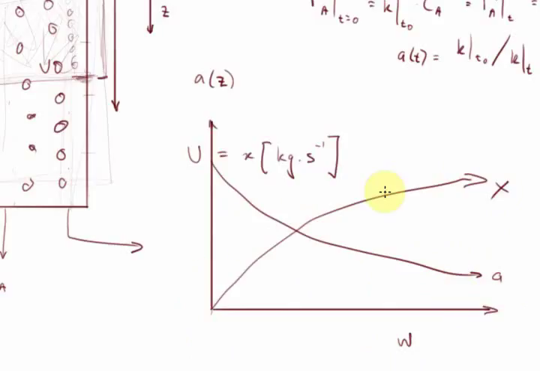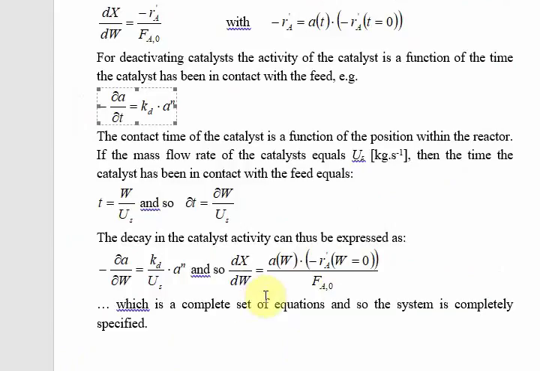So those are the results we expect for solving dX/dW and dA/dW. So all you have to do is stick in your catalyst deactivation kinetics here. You stick in your primary reaction kinetics here, solve them simultaneously, and you'll get that solution.